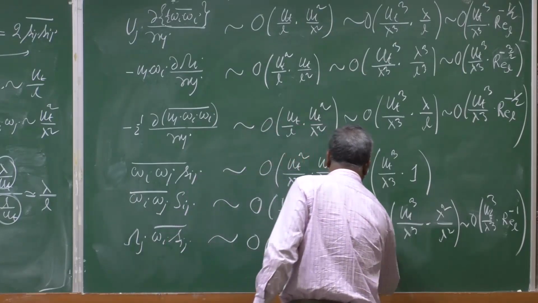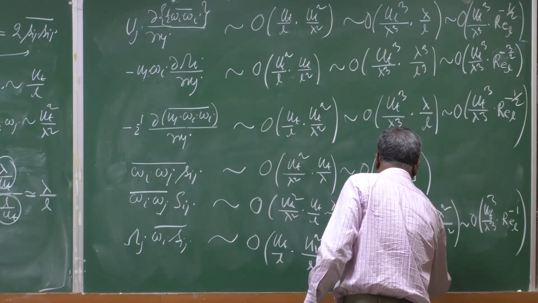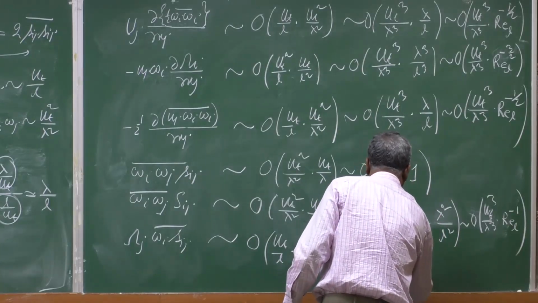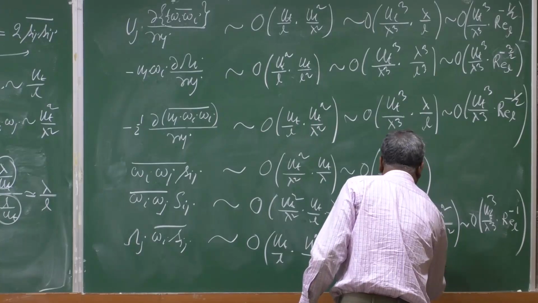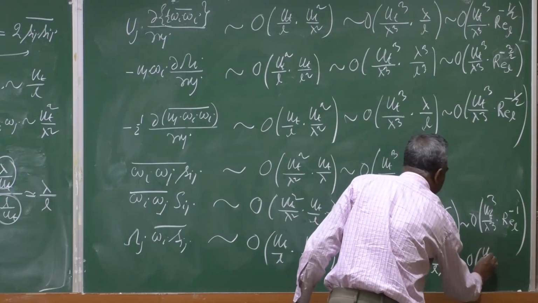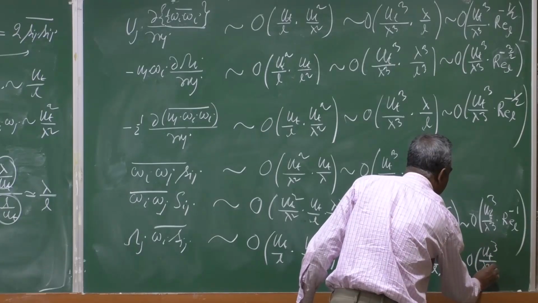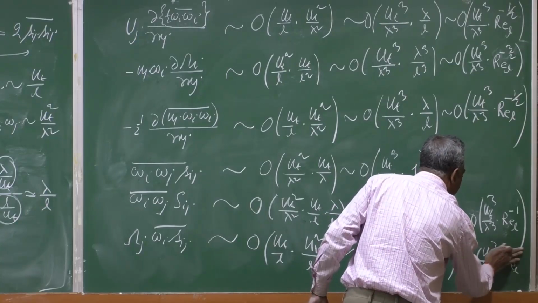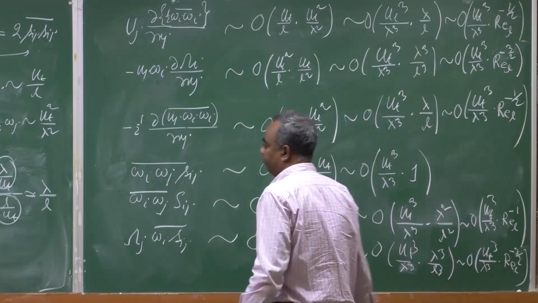So, this is going to be order of u_t cube by L cube, which is u_t cube by lambda cube into lambda cube by L cube, which is equal to order of u_t cube by lambda cube into Re_L to the power of minus 3 by 2. Okay.